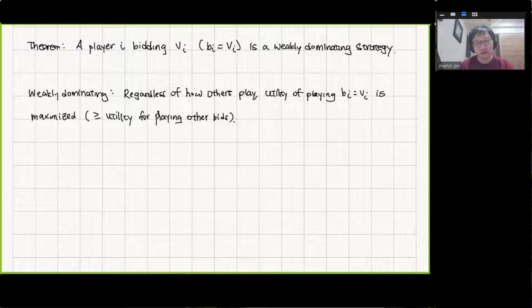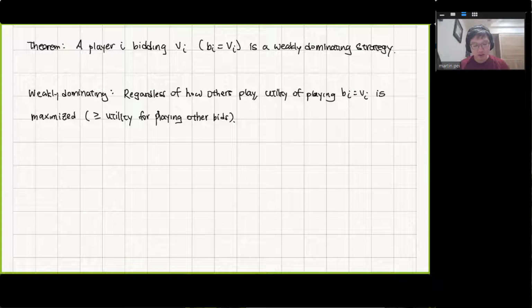It doesn't matter what the others play. You fix the other players' strategies, then compare playing your valuation versus not playing your valuation. The utility should either be the same or go down.